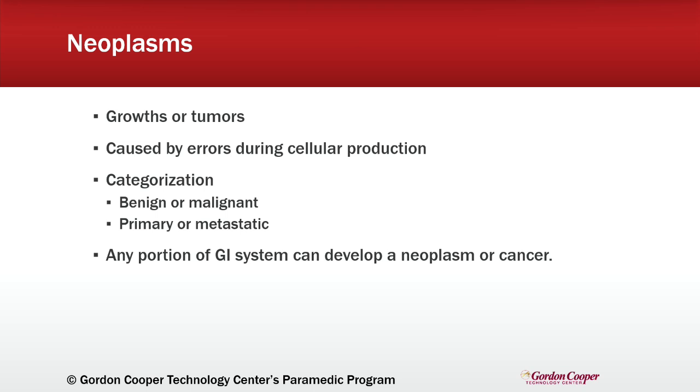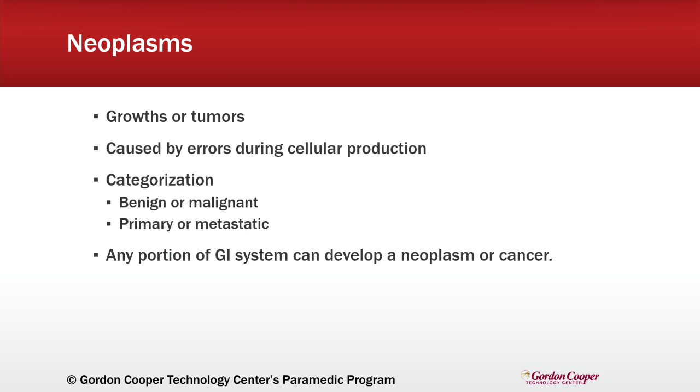Neoplasms, on the other hand, that can cause some obstructions, are just abnormal growths or tumors that happen due to errors during cell reproduction. And these neoplastic cells that are created, these rogue cells, they really don't serve any purpose. They don't do any good for the body, and they just use up resources.